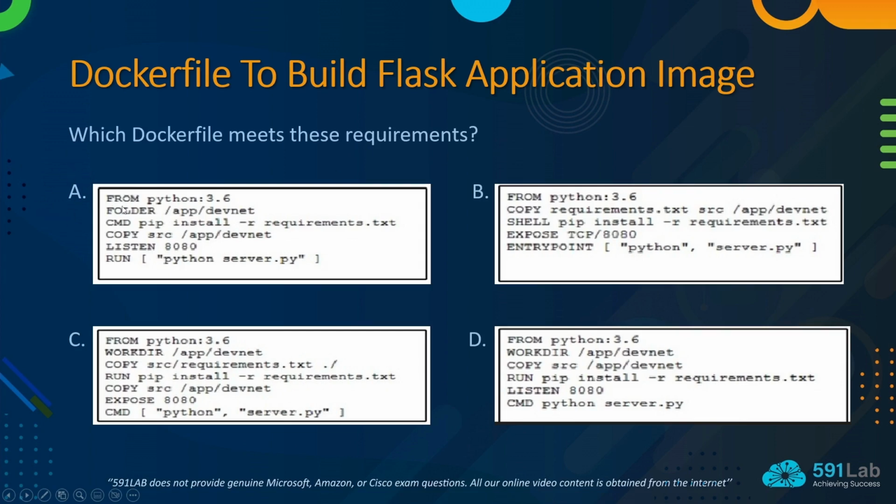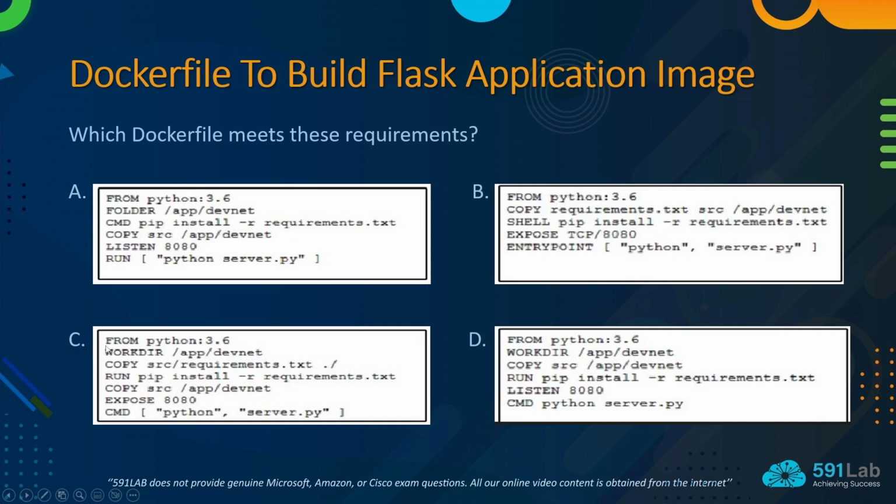Answer A. From Python 3.6, then folder, then cmd run commander, then copy, then expose the port, and run the Python file. Answer B. From Python 3.6, then copy requirements.txt, use shell to run the pip command to install dependencies, then expose TCP 8080, then have an entry point.